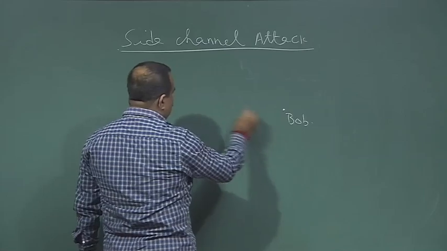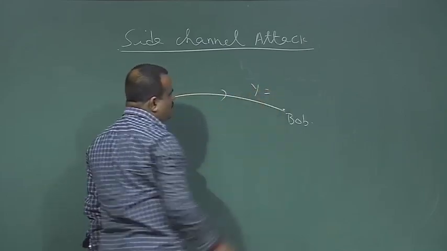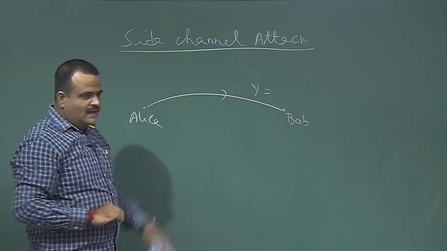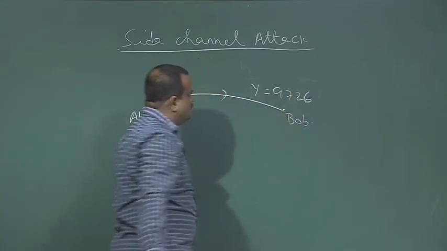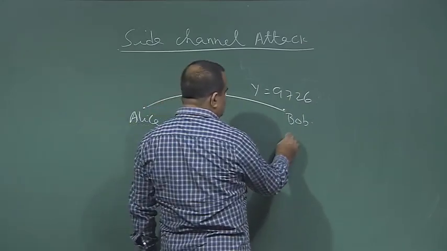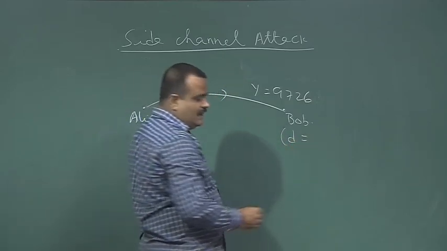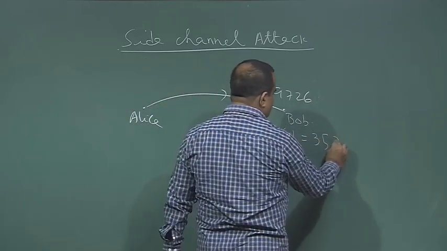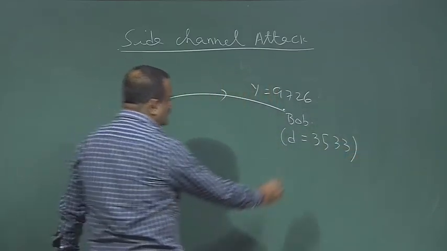And suppose Bob received this y to be this number a, say 9726. And say Bob's secret is d, say this m, 3533. This is the secret of Bob.